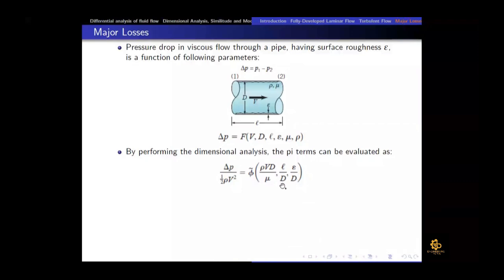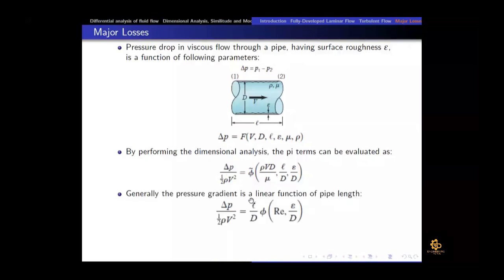Experience shows that delta P is always directly proportional to L upon D. So we can take it out of this functional form because they are usually directly proportional. We have taken L upon D out of this functionality, and now we can express delta P upon half rho V squared in terms of the friction factor.